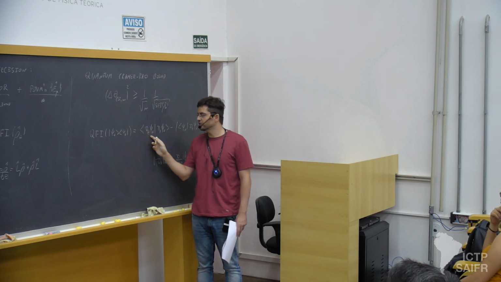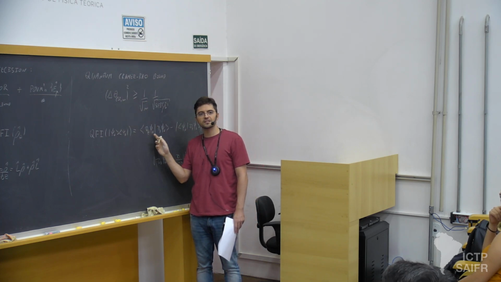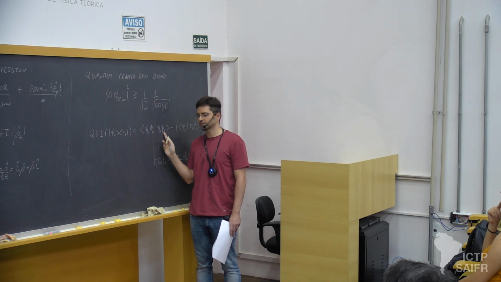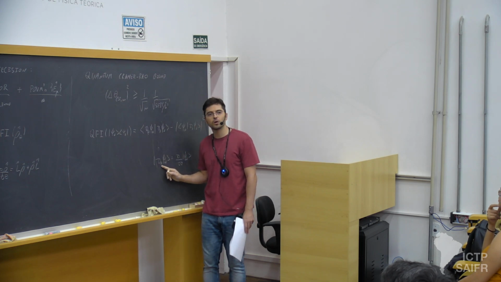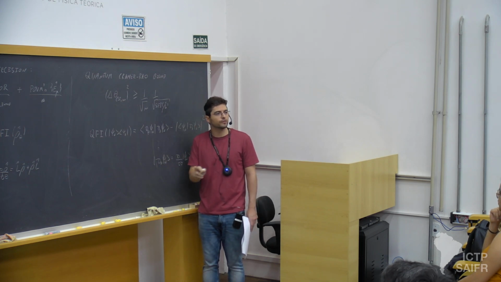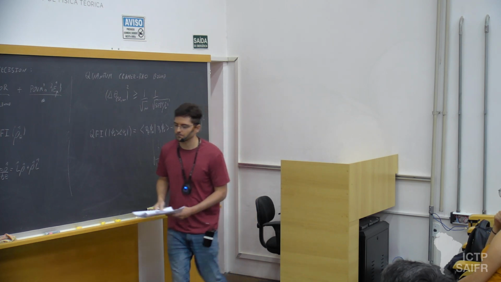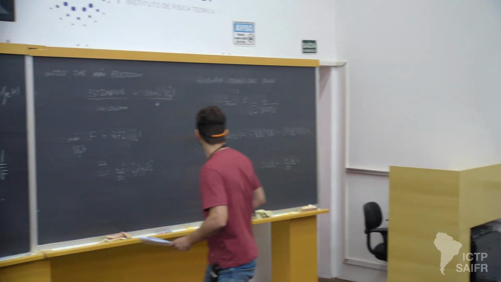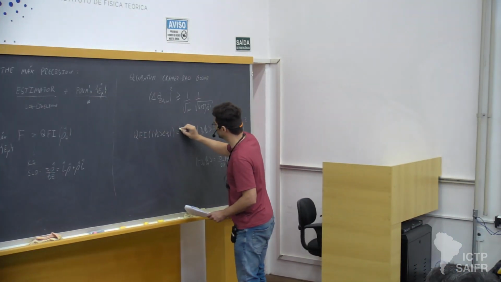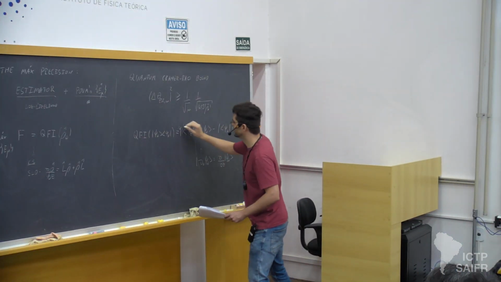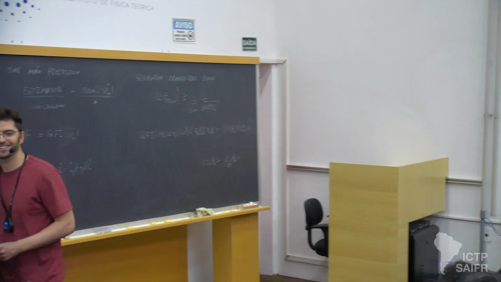And this is essentially how sensitive your quantum state is to infinitesimal variations of this external parameter. Okay? It should be 4, yes. So that's why I said, please go to this reference. 4, thank you.